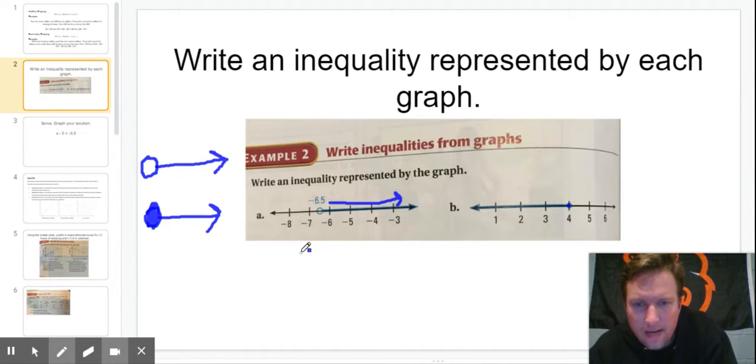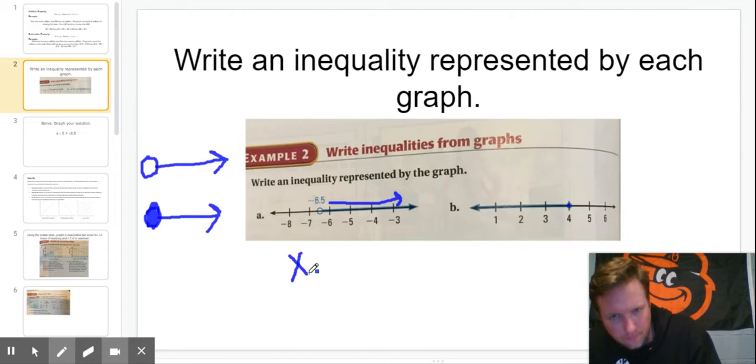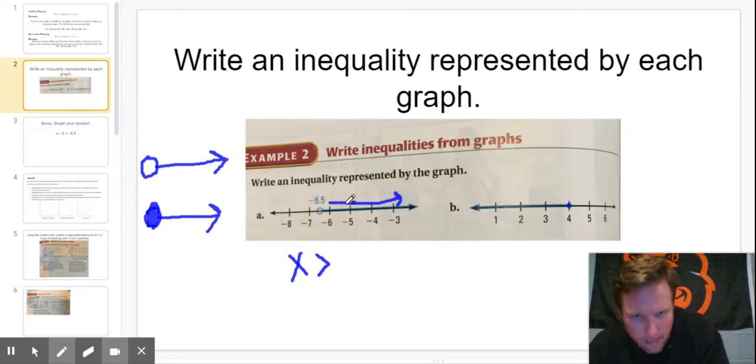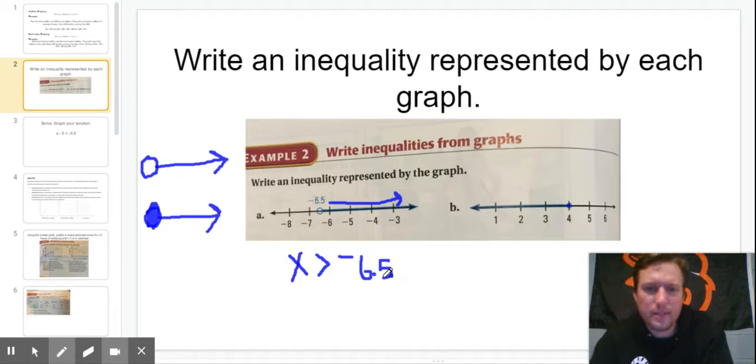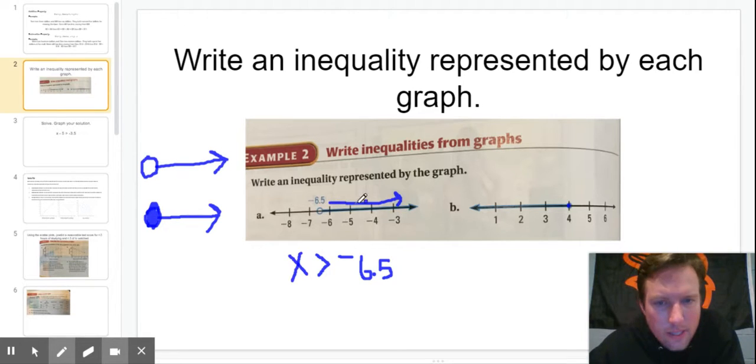So the way that we would write an inequality here is I would have x, and the direction of the arrow matters a lot, x is greater than negative 6.5. So I just graphed this inequality. Not too hard, but you need to know what this circle means, and you need to know what the direction means.